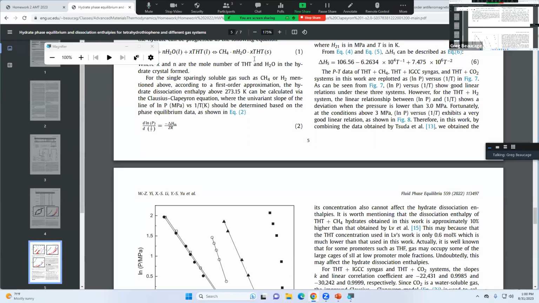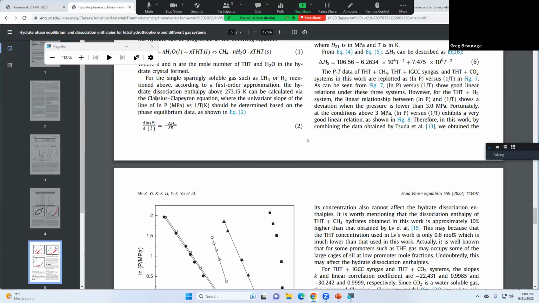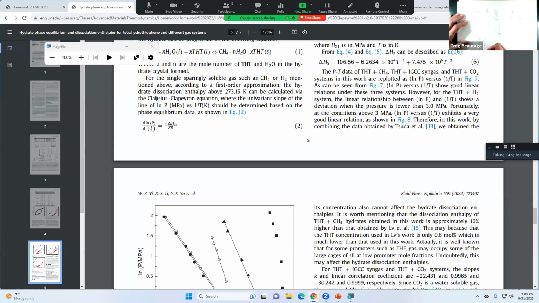Right, so to get Z, in other words, instead of PV is RT, you can say P is RT over V, and then include the van der Waals modification: P equals RT over V minus B, minus A rho squared, and rho squared is 1 over V squared.